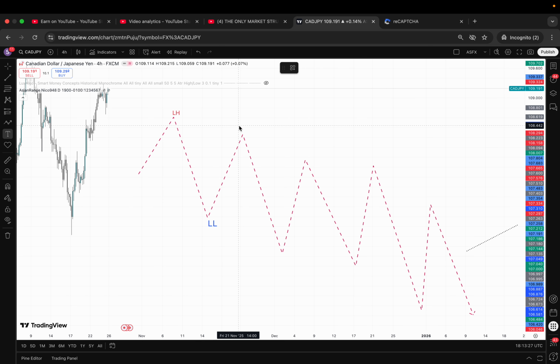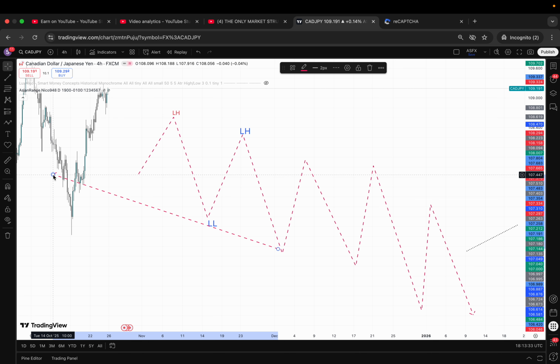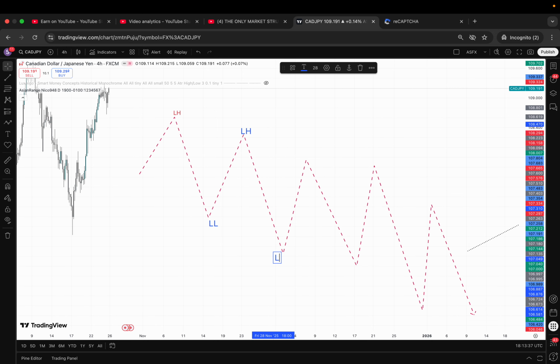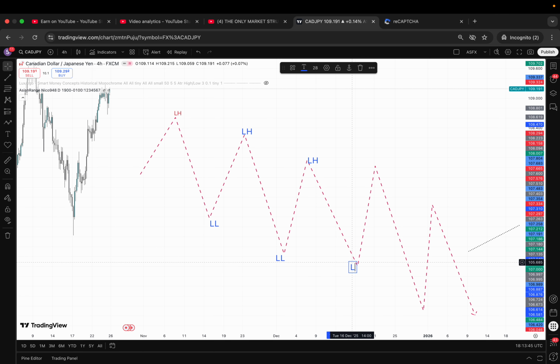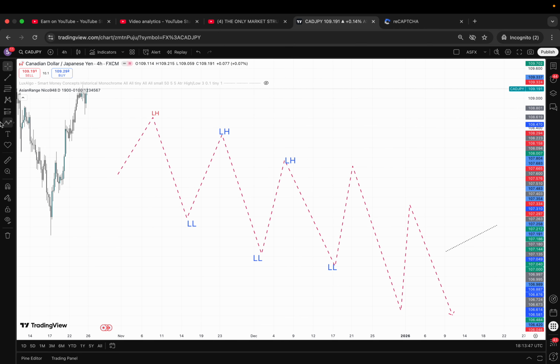Again, lower high, sorry, lower low, lower high, lower low. Why? Because price broke below this previous level of structure here, this low.